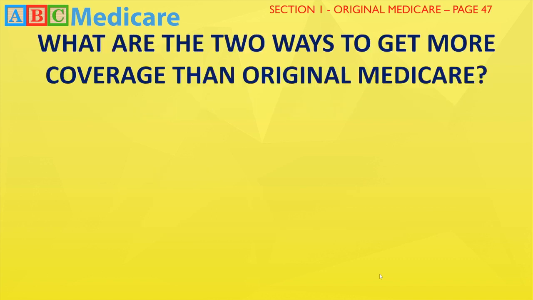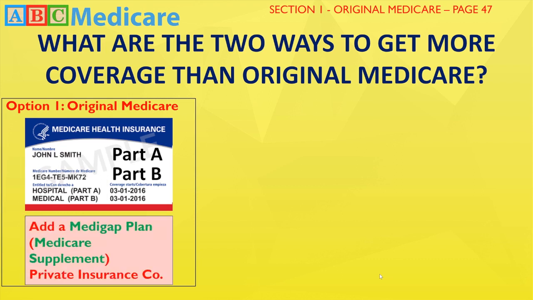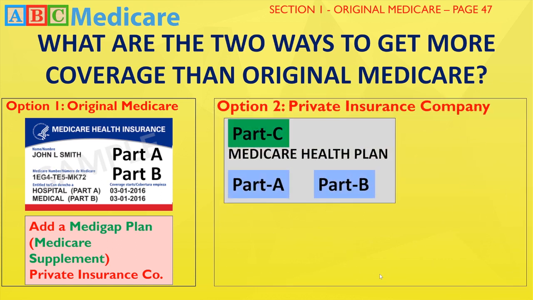What are the 2 ways to get more coverage than original Medicare? Option 1 is for somebody to stay on original Medicare and then purchase a Medigap plan, also known as a Medicare supplement plan, from a private insurance company. Or option 2 is to enroll in a Part C plan, also known as a Medicare health plan or a Medicare Advantage plan.